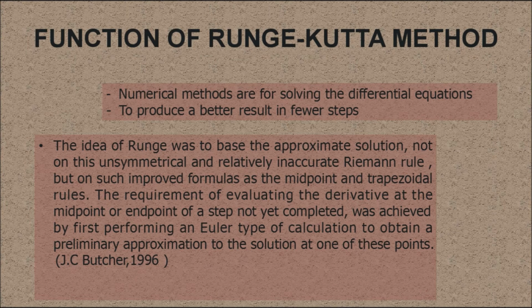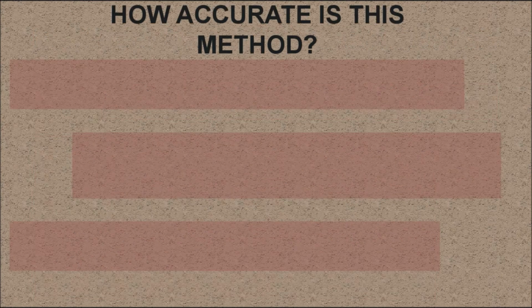The requirement of evaluating the derivative at the midpoint or endpoint of a step not yet completed was achieved by first performing an Euler type of calculation to obtain a preliminary approximation to the solution at one of these points. Riemann rule is a certain kind of approximation of an integral by a finite sum.